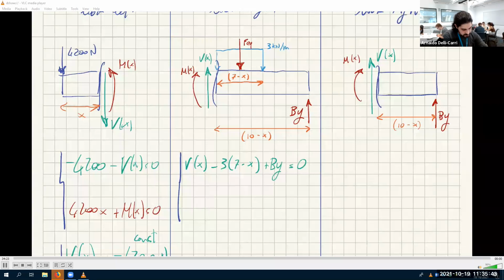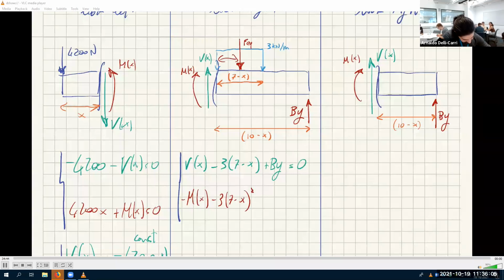This is the equation. And for the moment, we have minus m of x, and then this one is also negative because it's clockwise. It's F equivalent, so minus 3 times 7 minus x times this distance, which is 7 minus x divided by 2.